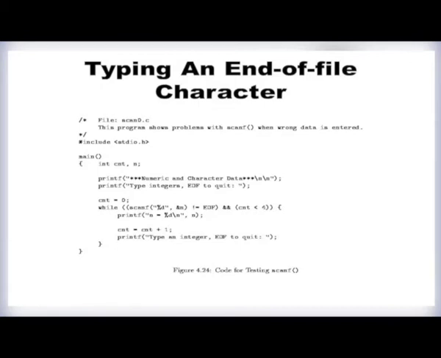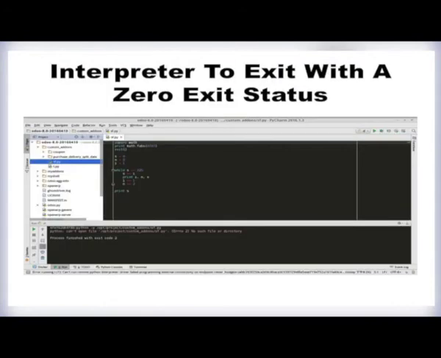Typing an end of file character, that is Ctrl+Z, at the prompt causes the interpreter to exit with a 0 exit status. If that does not work, you can exit the interpreter by typing the command quit. The Python interpreter installation is already demonstrated in a previous module.